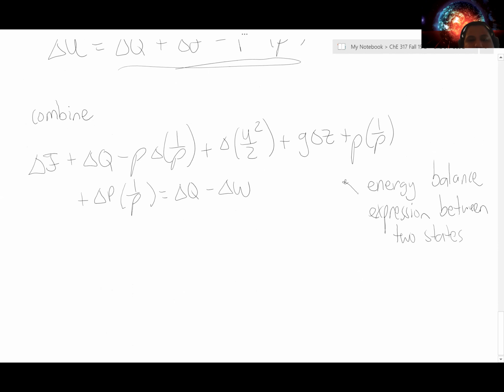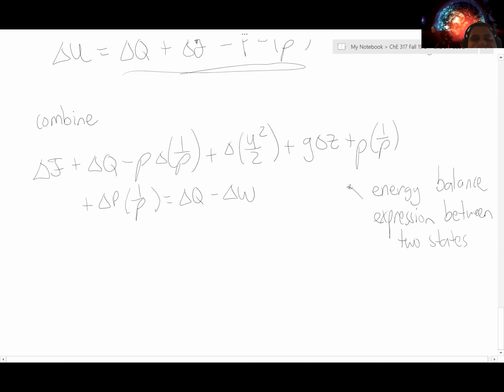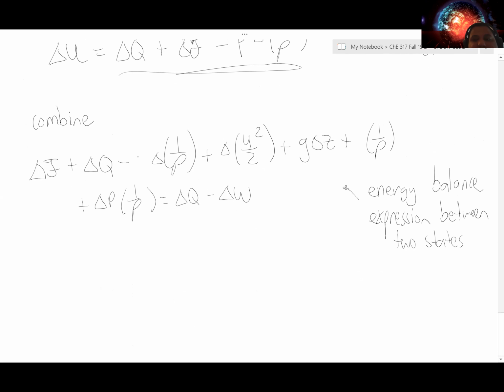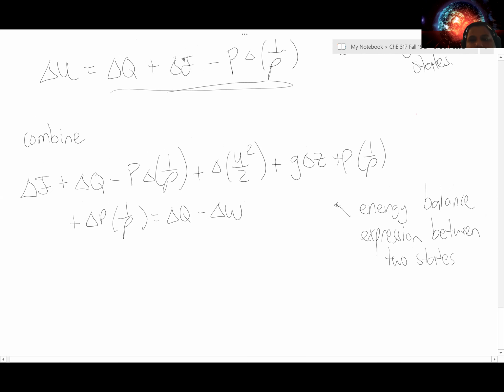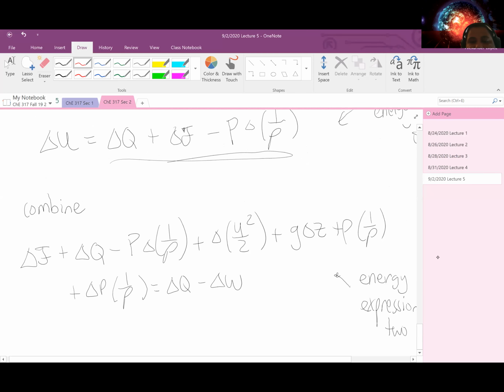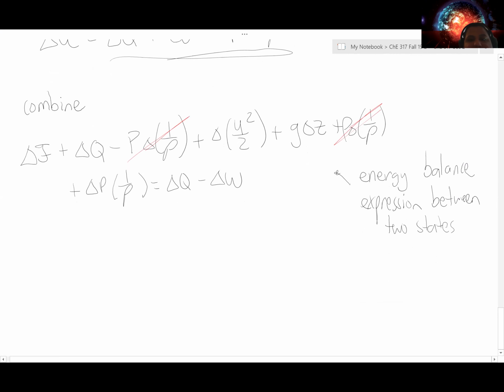One thing we hopefully notice is we end up with a negative P times delta 1 over rho and a positive P times delta 1 over rho. And what this allows us to do is cancel and simplify the expression. So these go away, and what we're left with is an expression that looks like this.